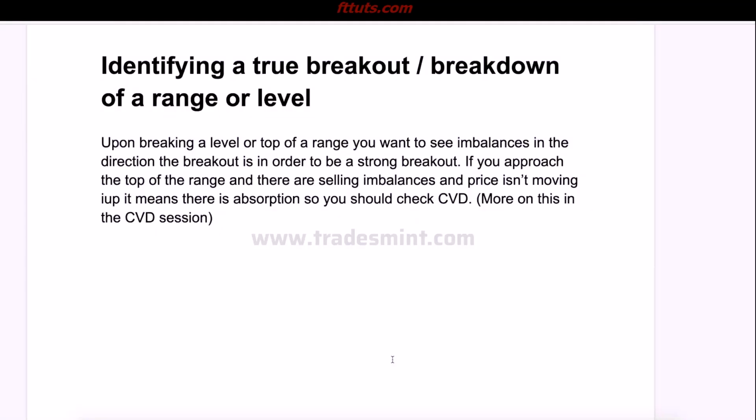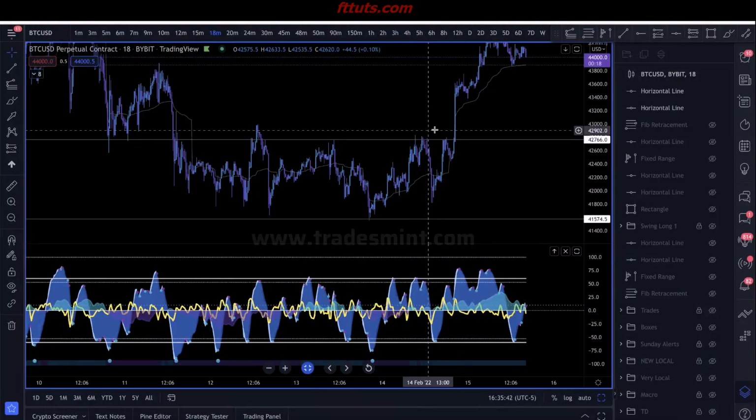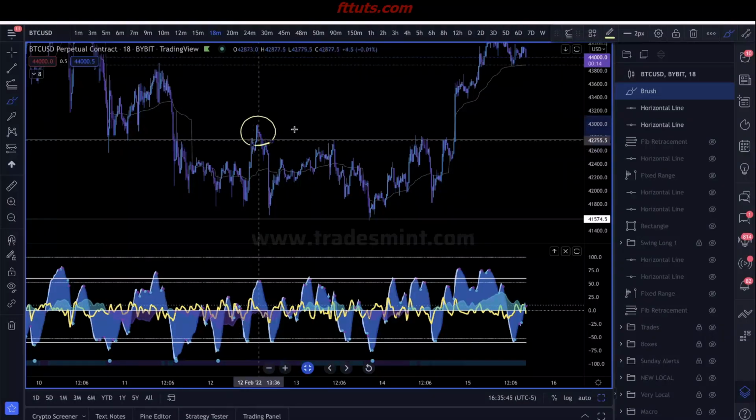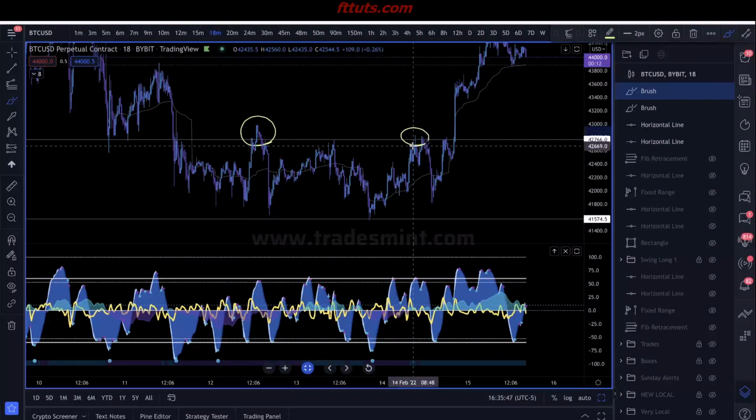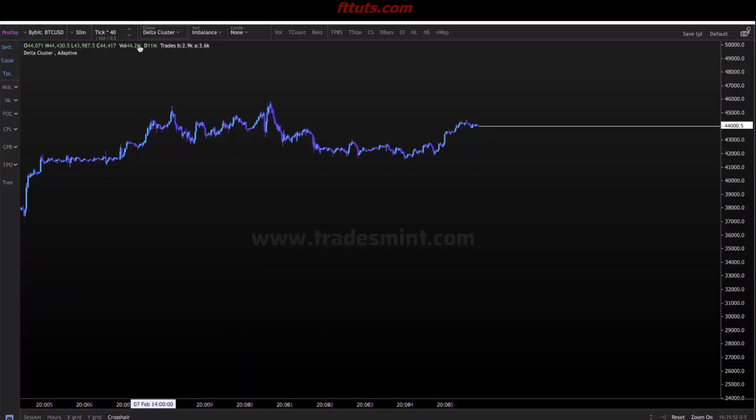If you're approaching a resistance and you see a lot of selling and price doesn't move down, that's actually very bullish. But let's take a look at what happened as far as the imbalances and trapped traders go when we're getting to these key areas, and then we'll look at what happens at the actual breakout and how they differ from each other.